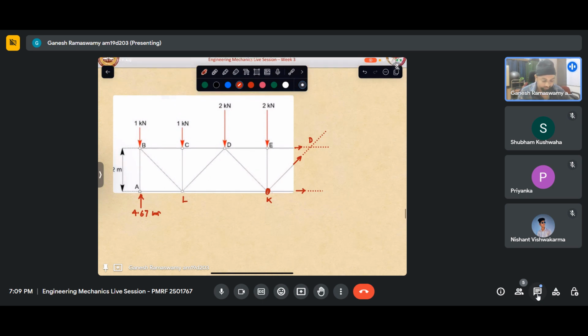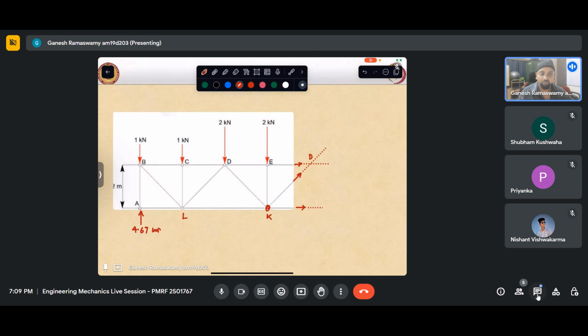Now I can take moments about any point in space. I have sigma Fx equal to 0, sigma Fy equal to 0, and sigma M equal to 0. These are the three equilibrium equations I have at my disposal, and they can be applied to this free body where I have three forces revealed.